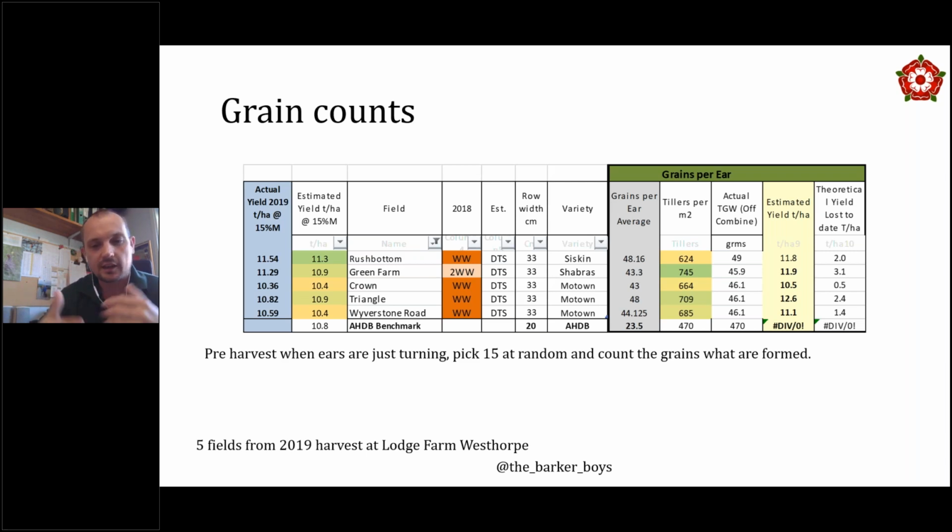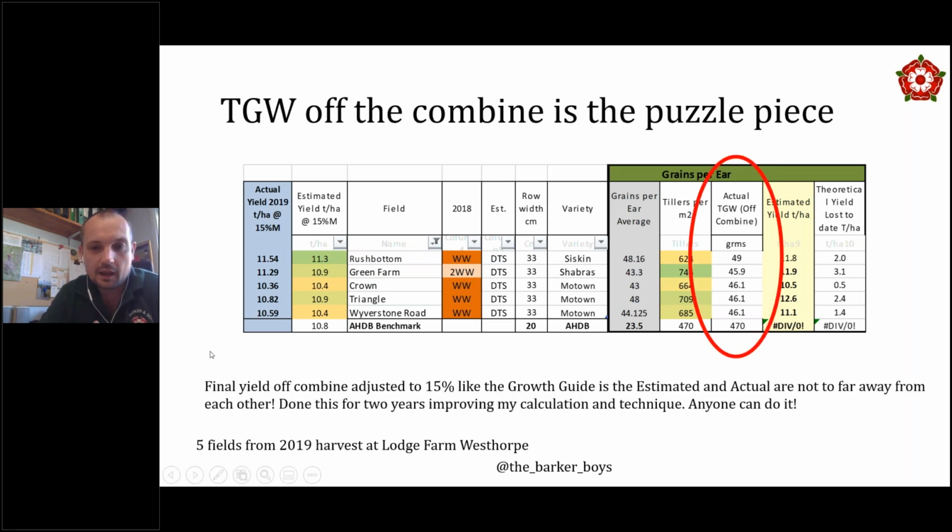So just adding to that information that I was gaining through the season. When you start putting in the actual 1,000 grain weight off the combine, when we're looking at the estimated yields at the end, that highlights the importance of the 1,000 grain weight.